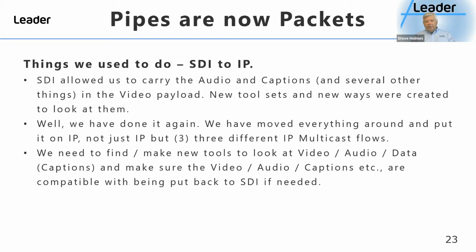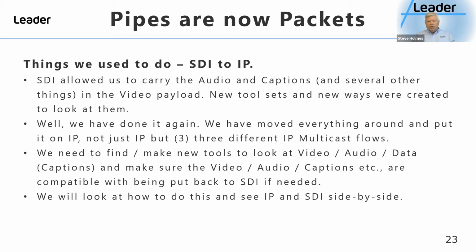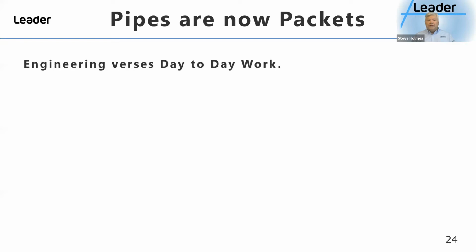So we need to make new tool sets to be able to look at the video, the audio, the data, and the captions that may be within that data, and make these things visible so that we can see them. We still need to make them look like a video waveform. We still need audio bars, and we still need to be able to throw captions up on the screen so that we can see what's going on.